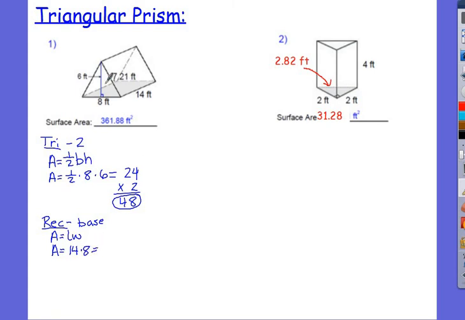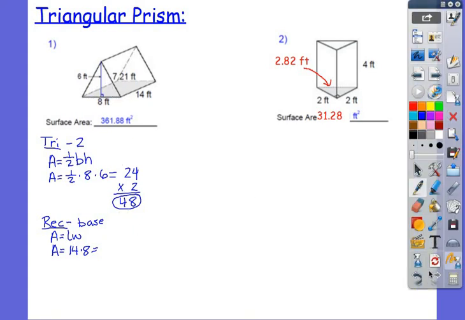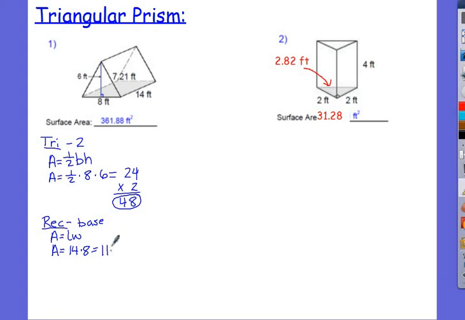What's 14 times 8? 112. How many of these rectangle sizes do I need? One. I forgot to put that there. I just need one of them. So I'm going to go ahead and circle that.